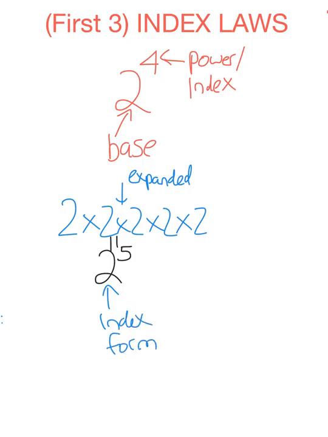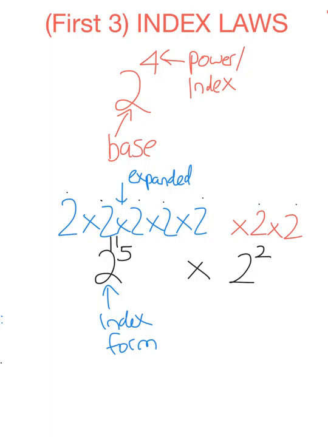What happens, however, if I take my 5 2's, 2 times 2 times 2 times 2 times 2, and I multiply by 2 more 2's? So, clearly, that's 2 to the power of 5 times 2 times 2, which is 2 to the power of 2, right? So in expanded form, I now have 1, 2, 3, 4, 5, 6, 7 2's.